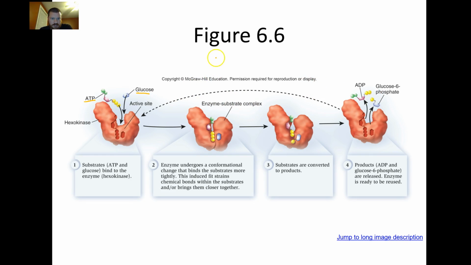And so what happens is, here, this would be the active site of the enzyme. Right? You get your two substrates to come in and bind. The enzyme puts them really, really closely together here. Right? The reaction takes place, they split up, and you end up with your glucose 6-phosphate and your ADP.